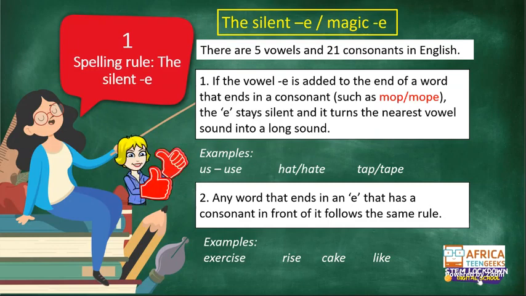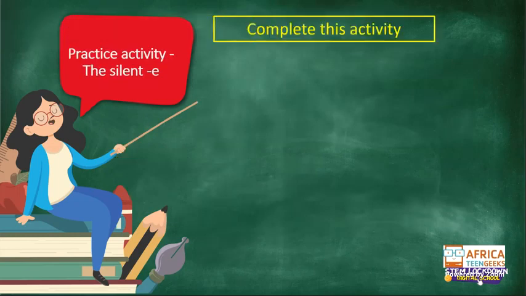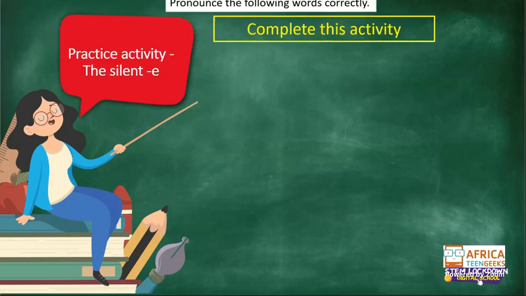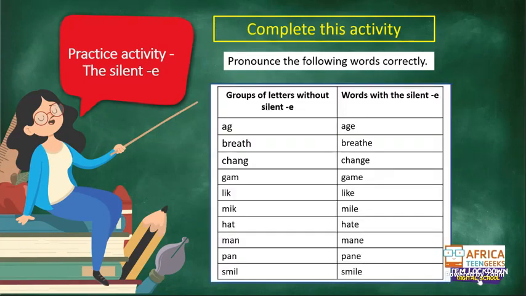Okay, good. So I want you to complete this activity. And then I'm going to ask somebody to call out the answers. So I want you to pronounce these words correctly. So look at these words. There are some words that don't even make sense. They're really groups of letters without a silent E on the end on the left column.